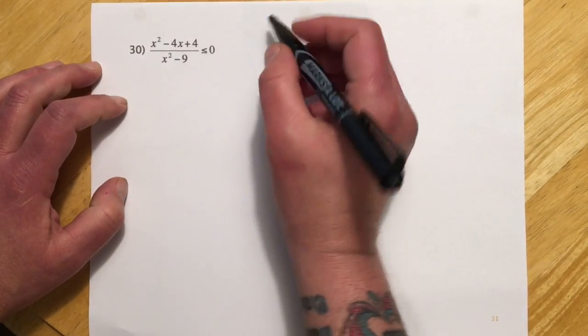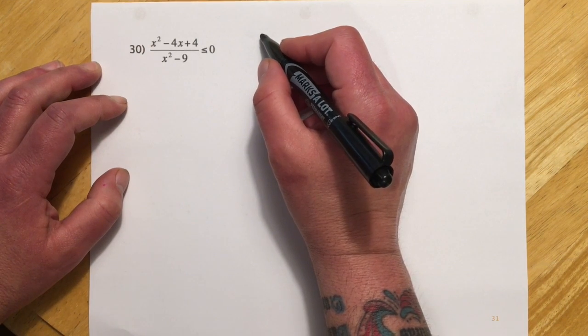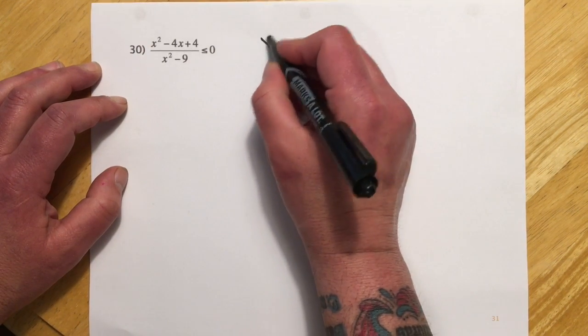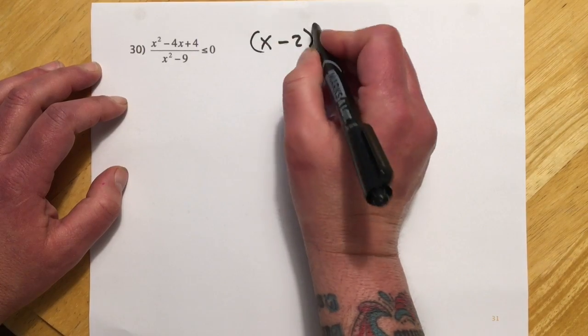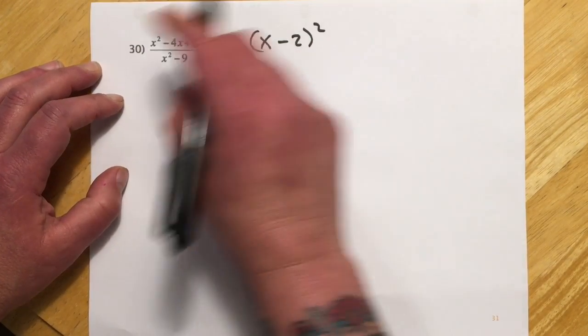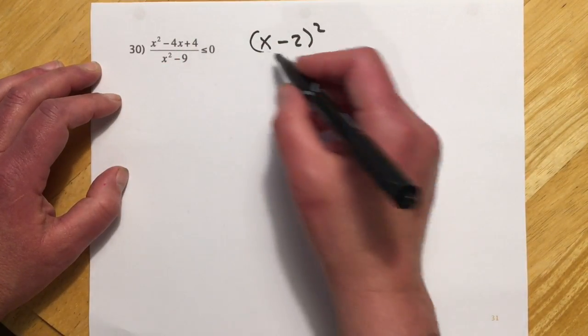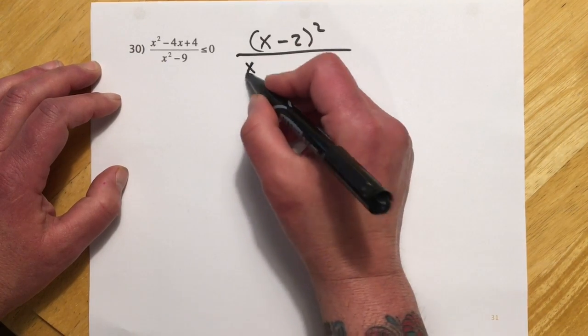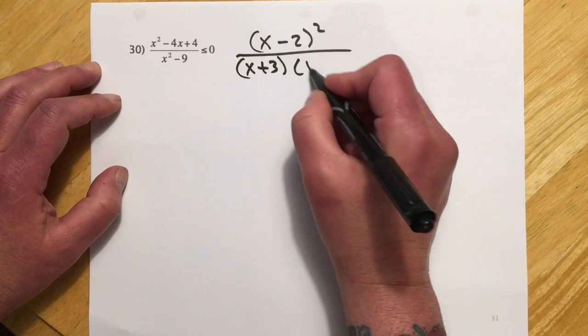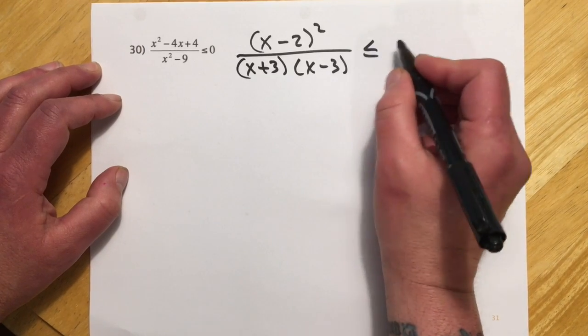Last one, so this is going to go x minus 2, x minus 2. So let me write that as x minus 2 squared. I could also write two separate factors into two separate lines and get the same answer. Over that will be x plus 3, x minus 3, less than or equal to 0.